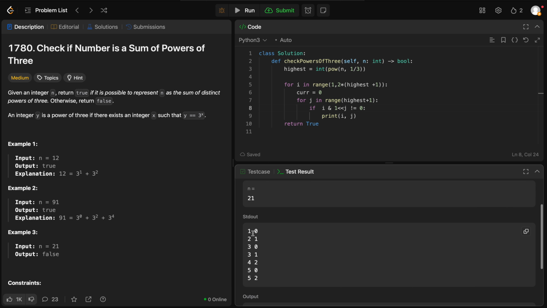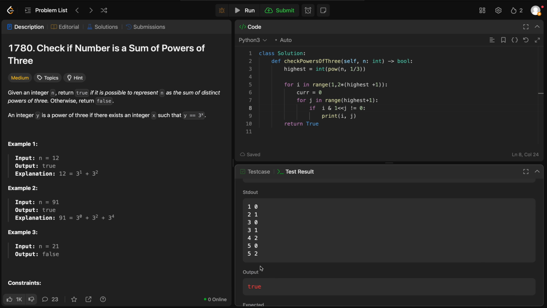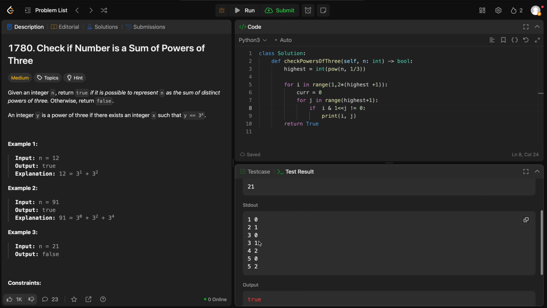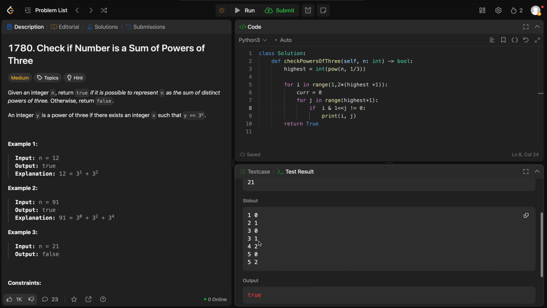So for this one the 0th bit is used. For 2 only the 3rd bit is used. For 3 those two are used. For 4 that one is used. Why did it stop?